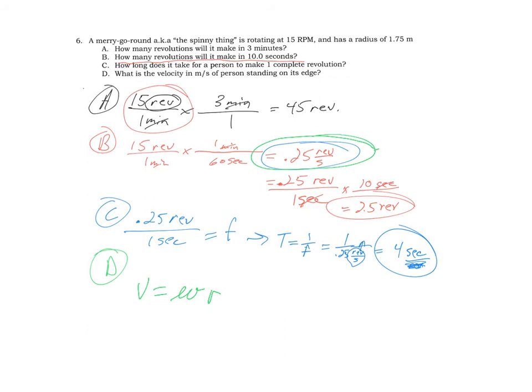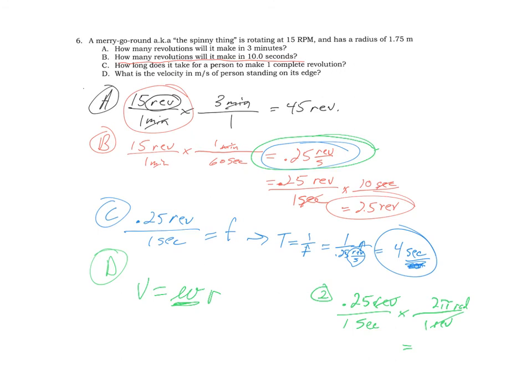I need radians per second, so I need to come over here and do a step 2. So 0.25 revolutions per 1 second. Let's say 1 revolution is 2 pi. And revolutions goes away, and I will remember radians is kind of hidden in here. I'm going to have radians per second, which is how angular velocity should be.